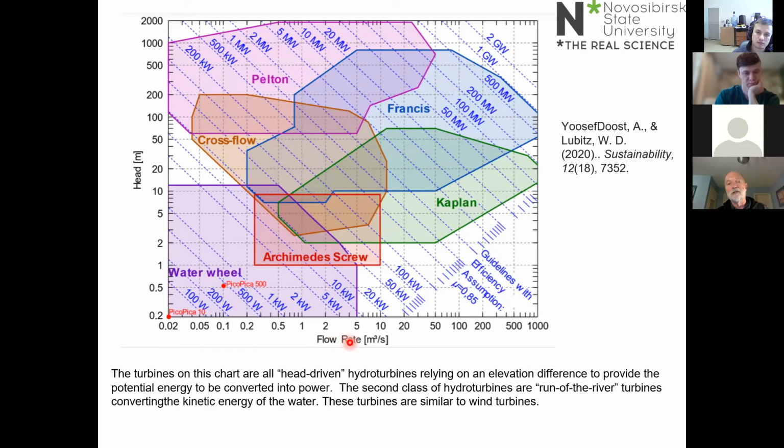Identifying the flow rate is usually much harder than identifying the head, and I'll tell you a little bit about how that's done towards the end of the hydroturbine lectures. You can see, coming down at an angle, typical power outputs of these turbines. So the biggest Francis turbines are in fact very large.